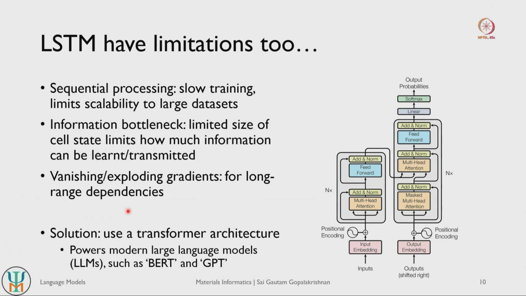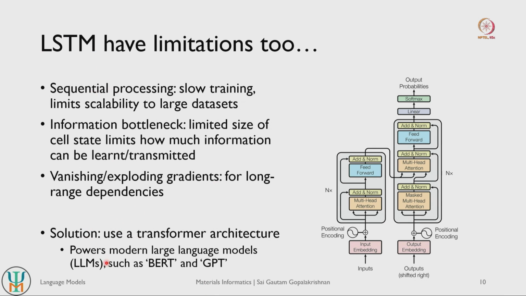So if you have associations between two words that happen over very large distances, by distance I mean there are a lot of words in between before an association is made, then the original word can gradually lose context, or the model may think that it is fairly unimportant, so it may be associated with vanishing gradients, right. So vanishing as well as exploding gradients can be a problem whenever you have very long range dependencies within these LSTM models, right.